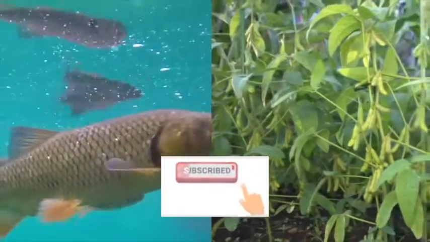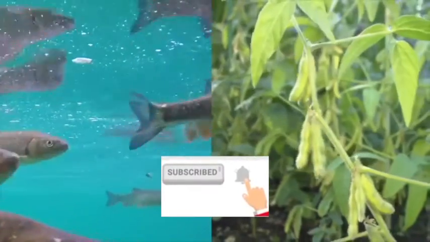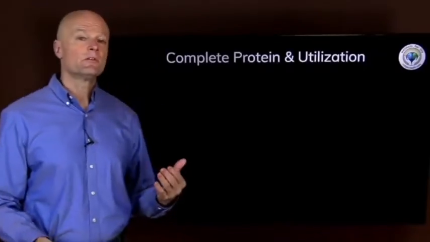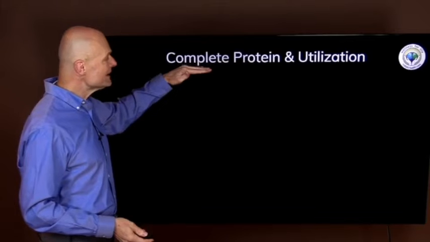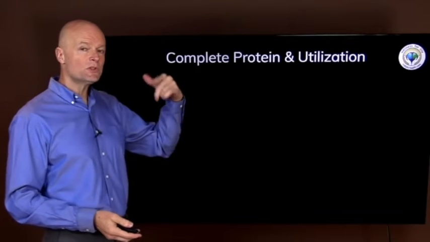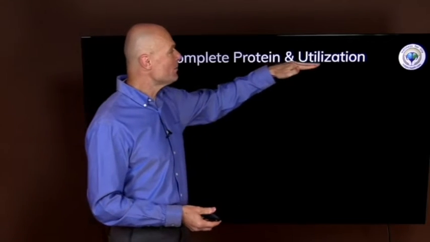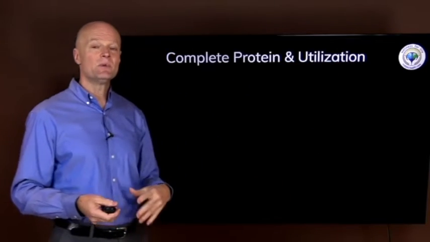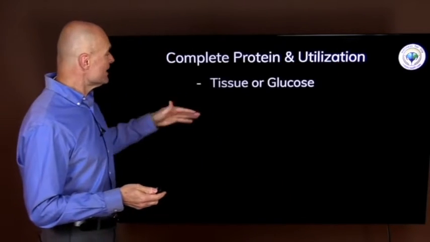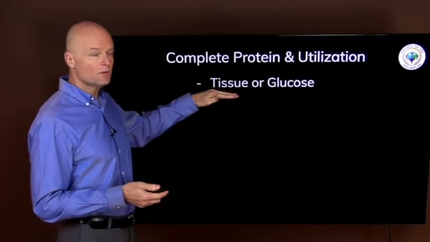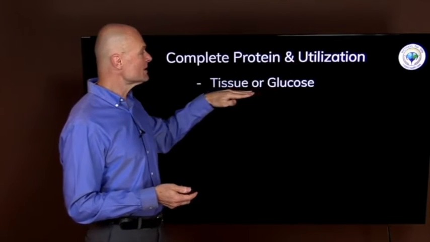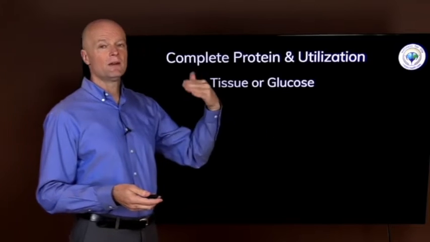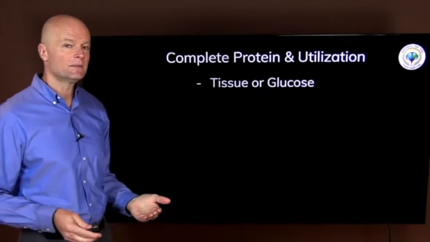We often hear about animal protein versus plant protein in terms of the protein being complete or not. We also want to talk about what percentage of the protein is being utilized. Does it turn into tissue, meaning it's utilized, or does it turn into glucose and fuel and drive insulin?